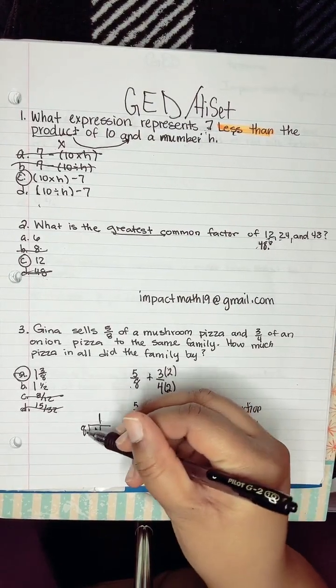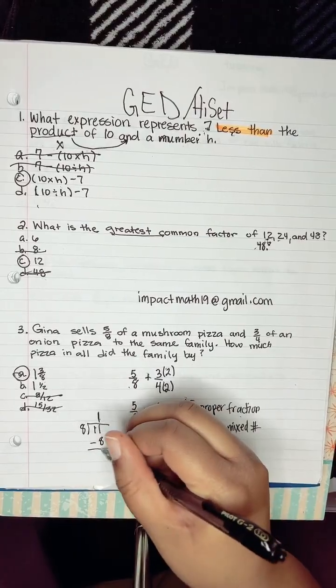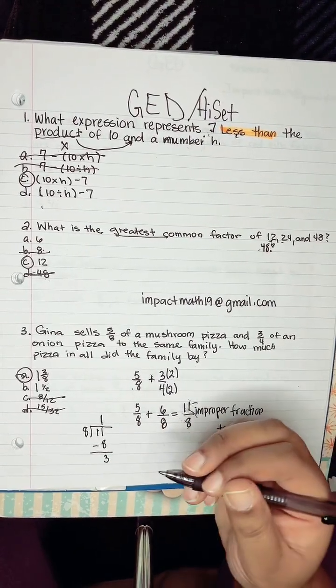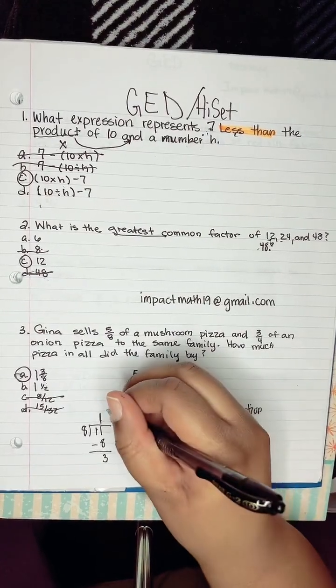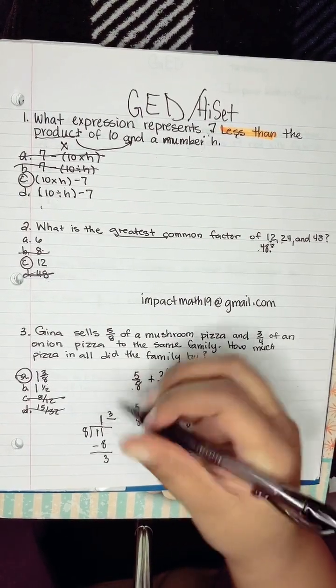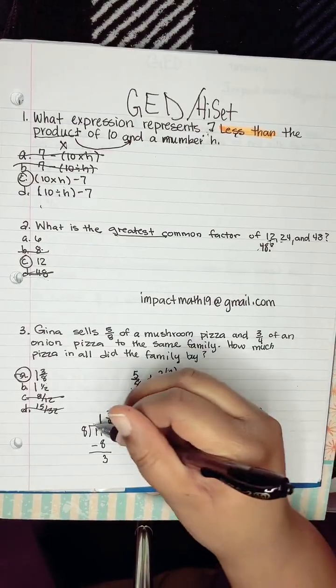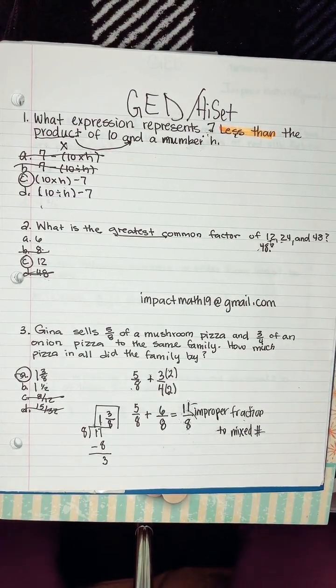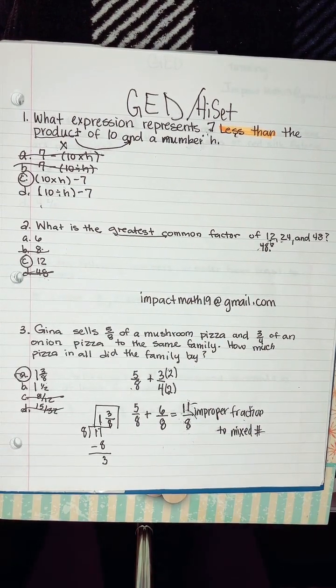So 1 times 8 gives us 8, and then we subtract. 11 minus 8 is 3. That remainder goes on the numerator, and what we divided by goes on the denominator. And that's how they get 1 3/8. Any questions there?